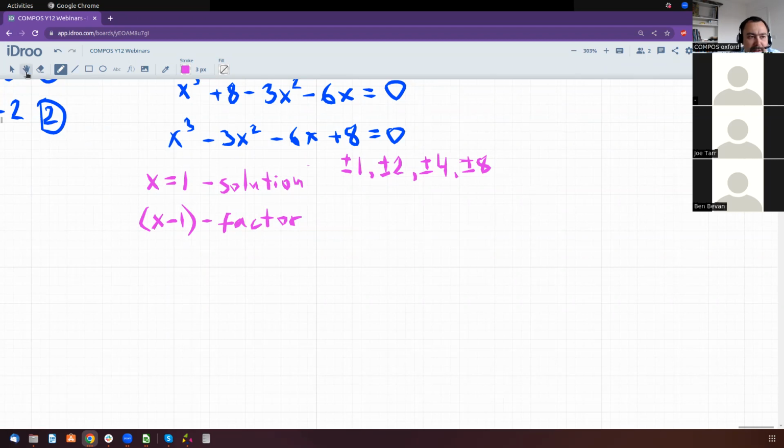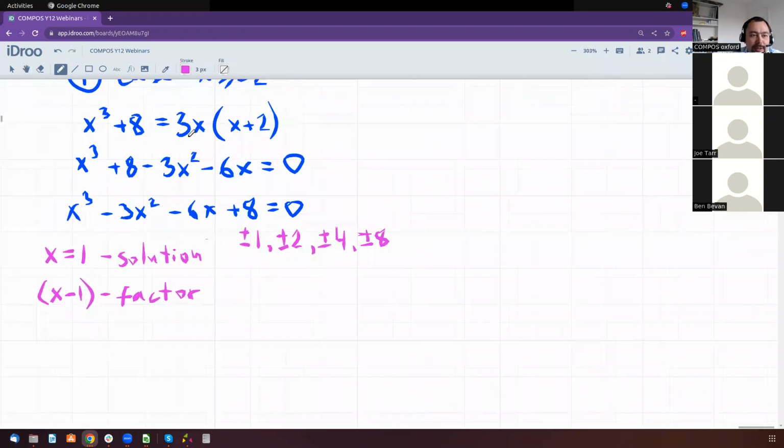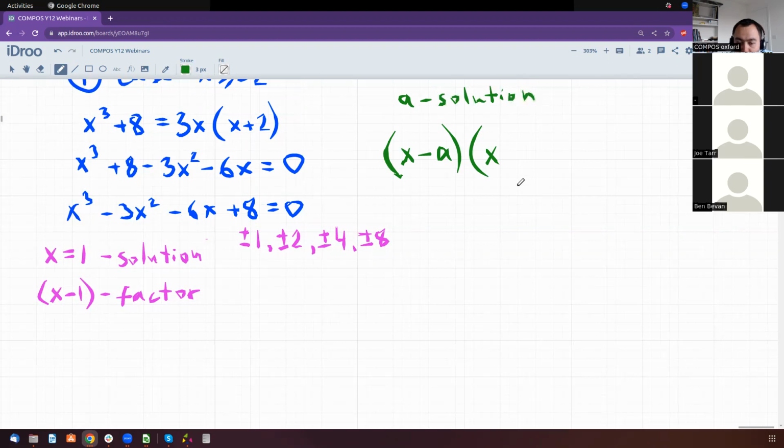I'm not sure I can prove it to you right now in under 3 minutes, but let's say you have x minus a multiplied by a polynomial, x to the power n plus and so on, and the final number is b.